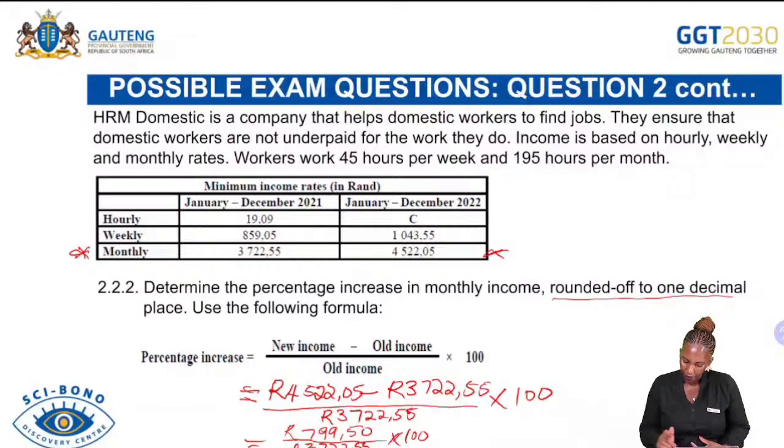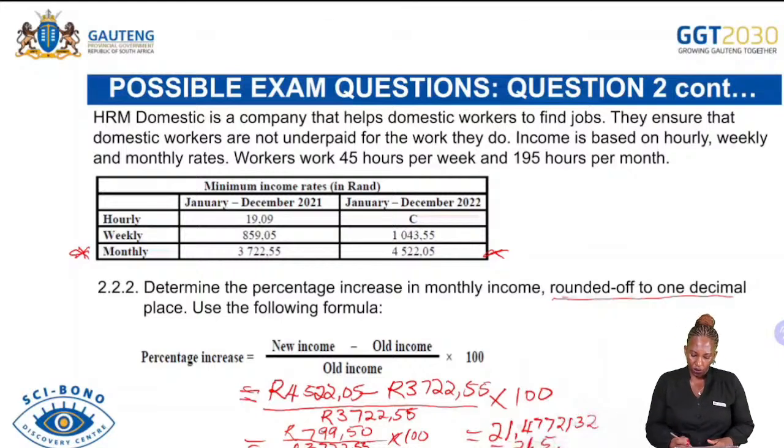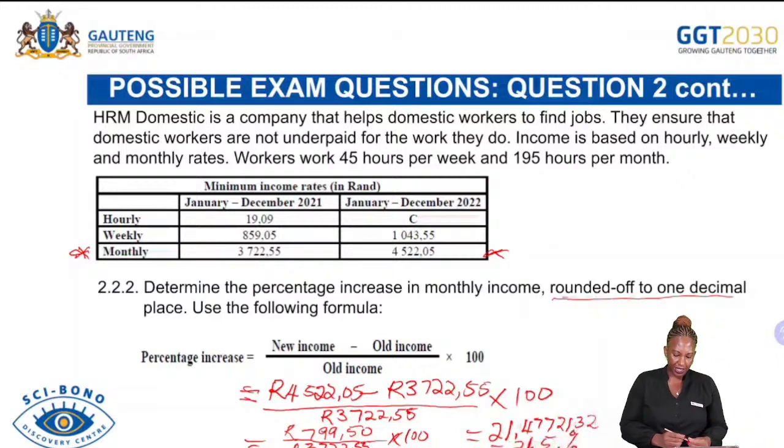The final answer is 21,4772132. And then they said you must round off our answer to 1 decimal place. So if we round off our answer to 1 decimal place, it will be 21,5. It will be 21,5%, because we are calculating the percentage increase.